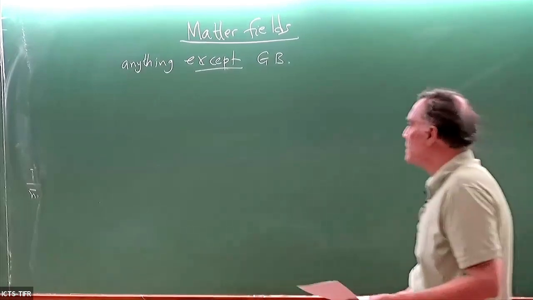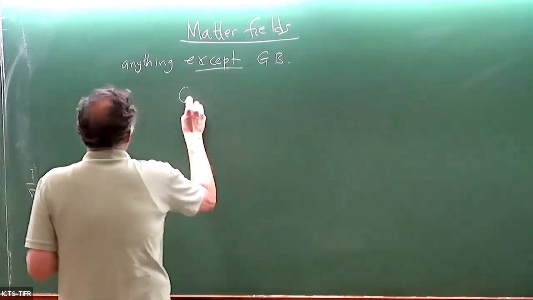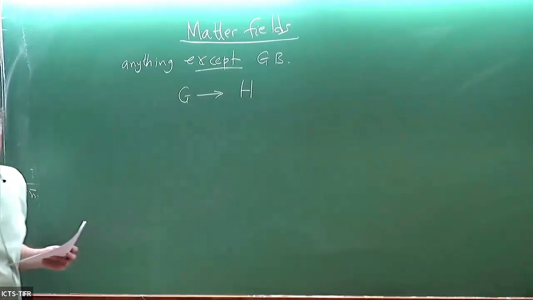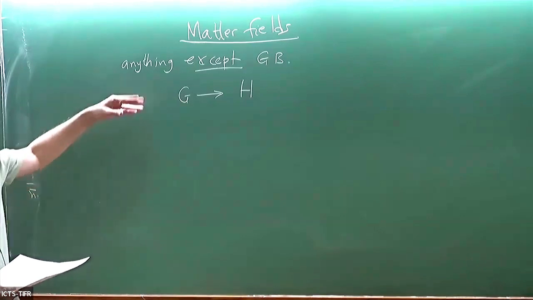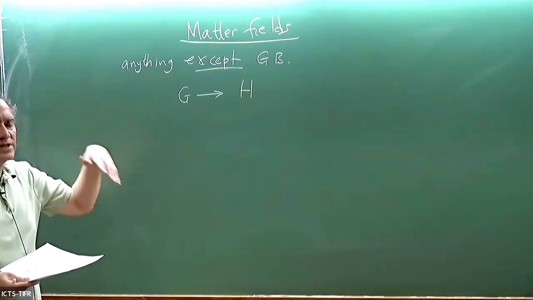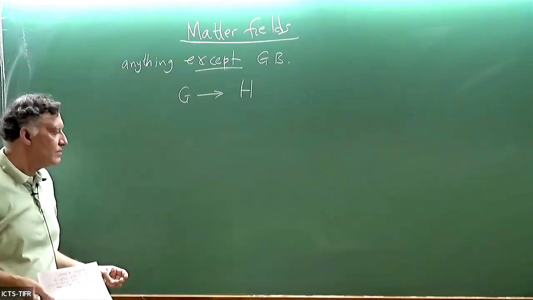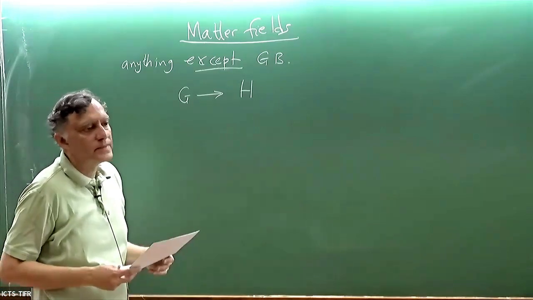So first of all, in a generic case, you have some symmetry G broken down to H. The baryons, for example, or the rho mesons or any of the hadrons are some non-perturbative bound state.